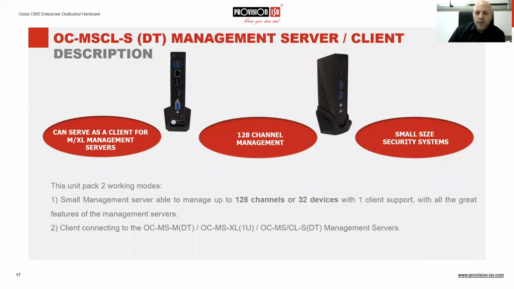Like we say here, up to 128 channels, no problem. One of the problems in situations like this, when you need to buy a computer for $900, $1,000, is that you're not in the game.